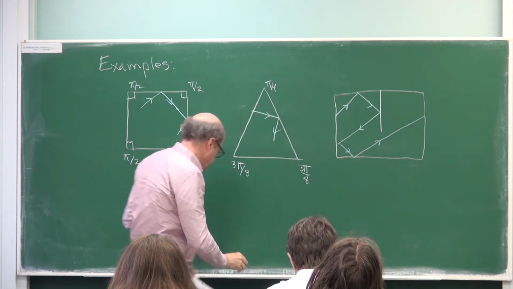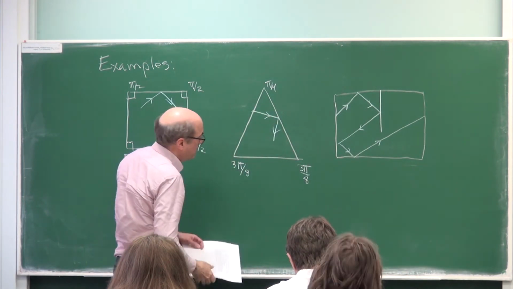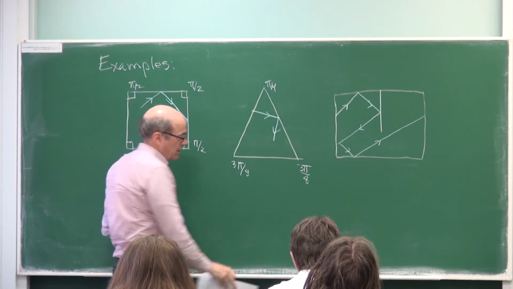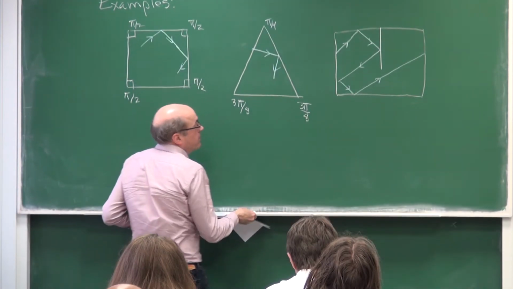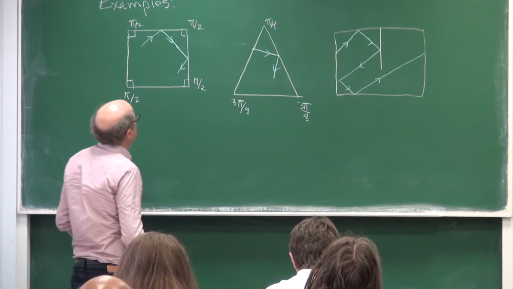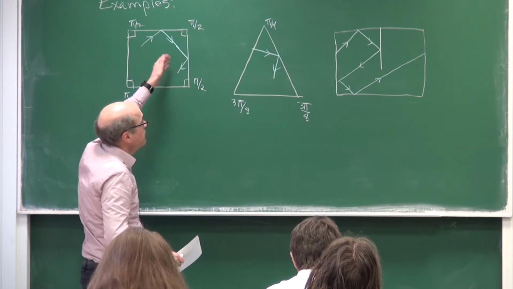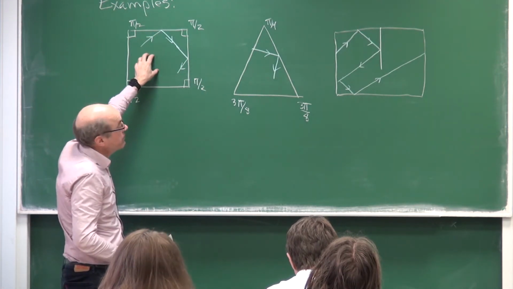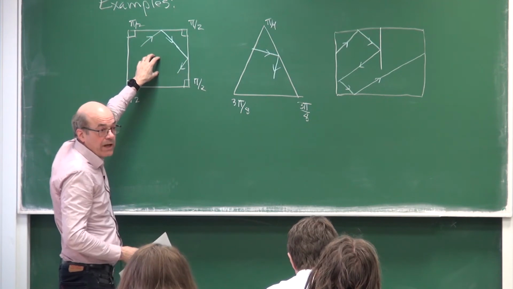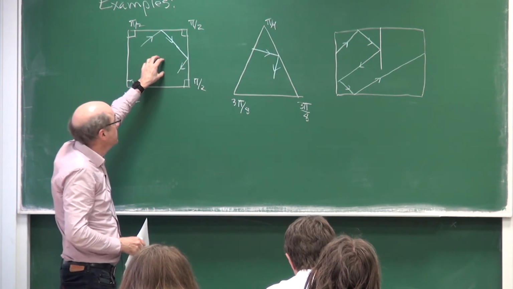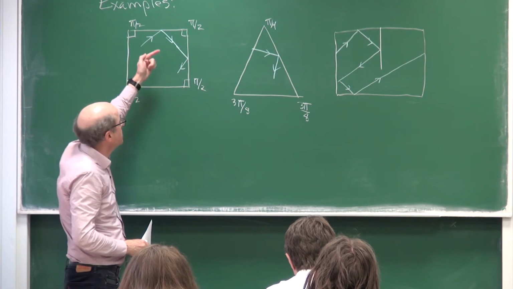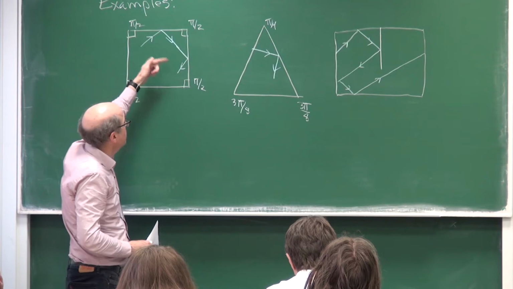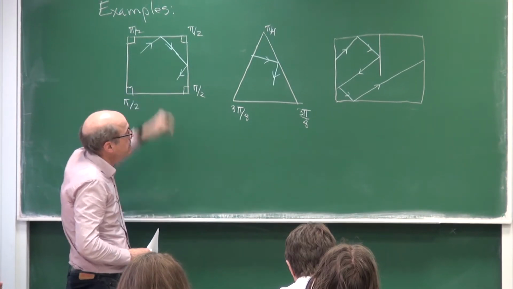Okay, so the condition that my angles are rational multiples of pi is an important condition. In general, you might think of this billiard flow as taking place in some kind of three-dimensional phase space. Since the speed is fixed, we have an angle and a position, so three parameters.